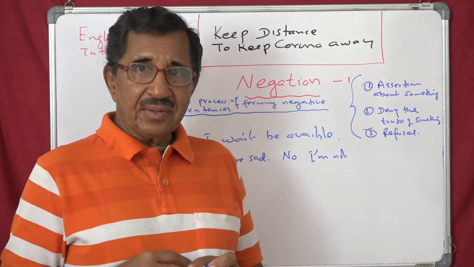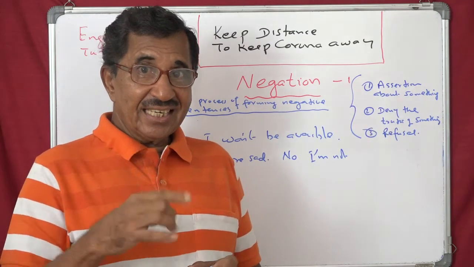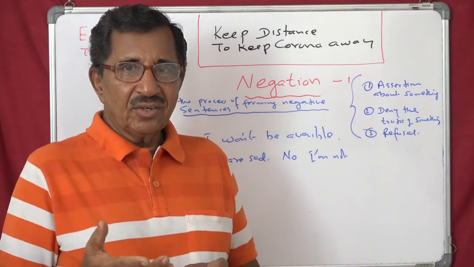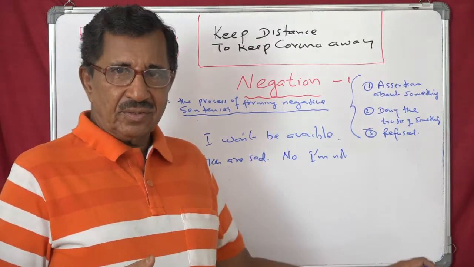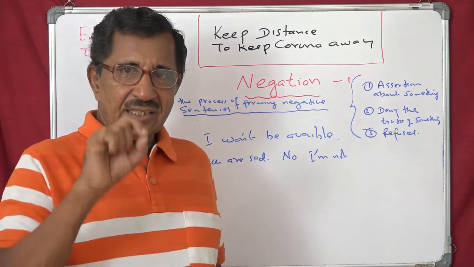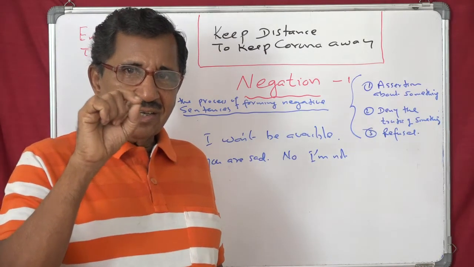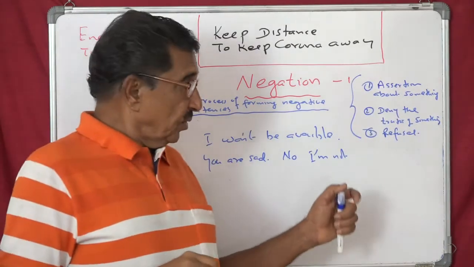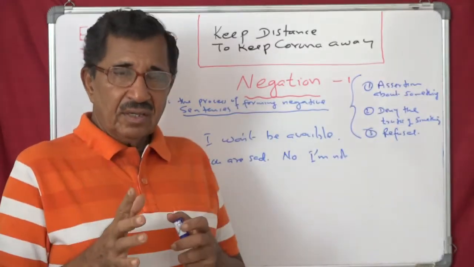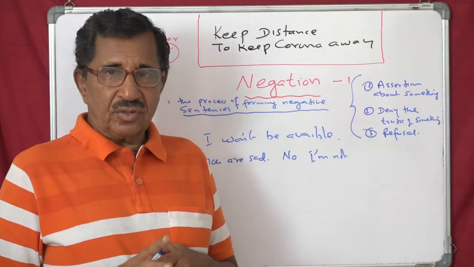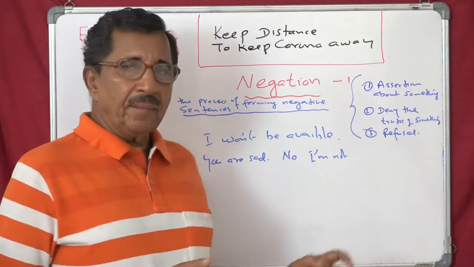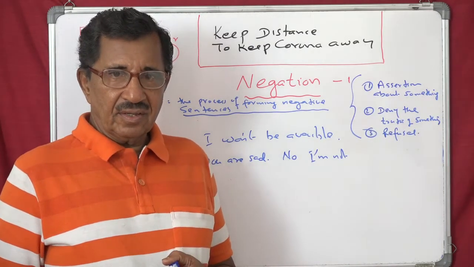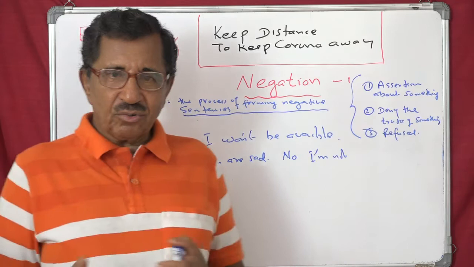You cannot say I amn't. You can say isn't, aren't, but you cannot say amn't. You can only say I am not. There you have to use the negative word in its full form. It is not, but you can contract am with an apostrophe. I am not. So that is denying a truth.